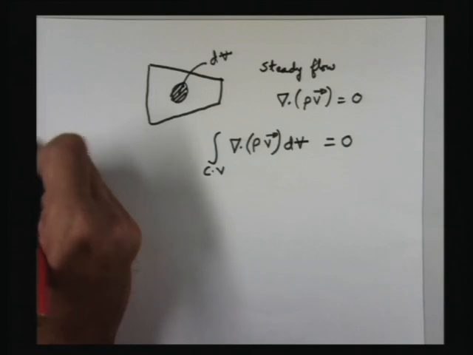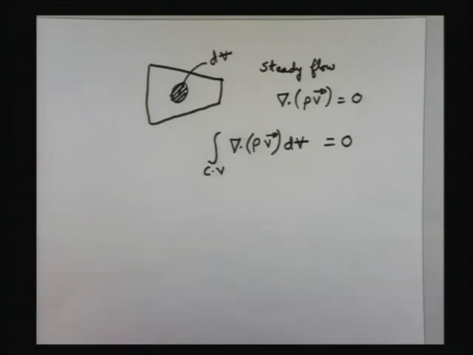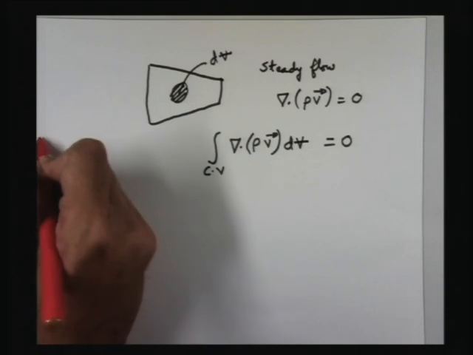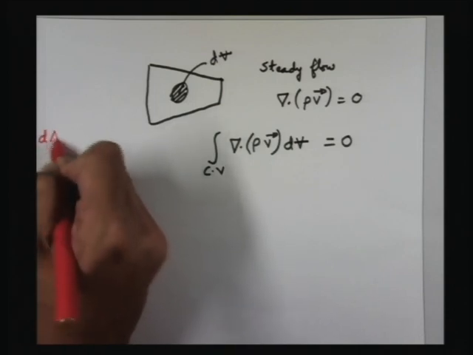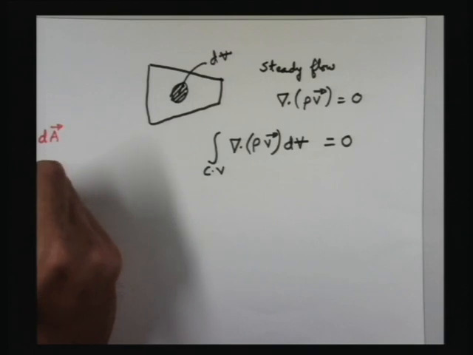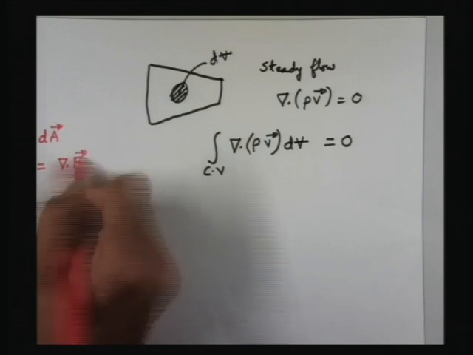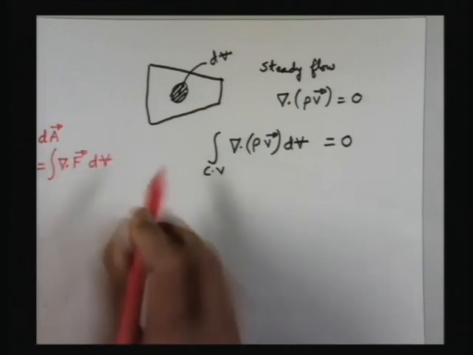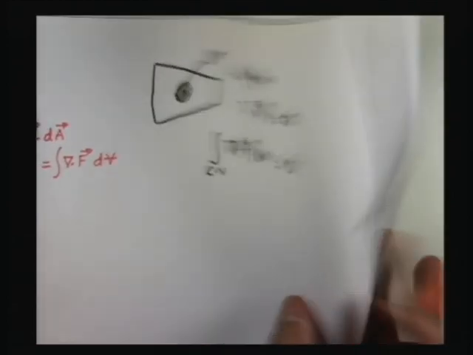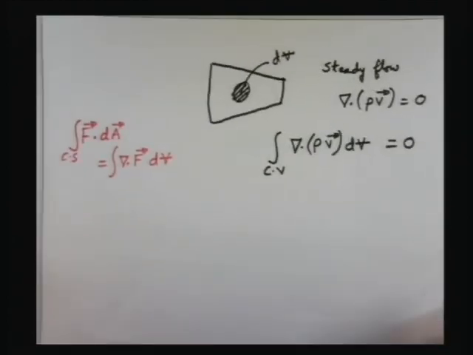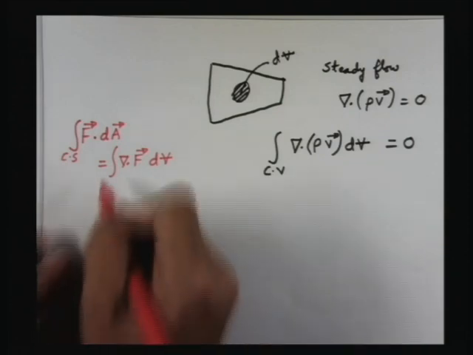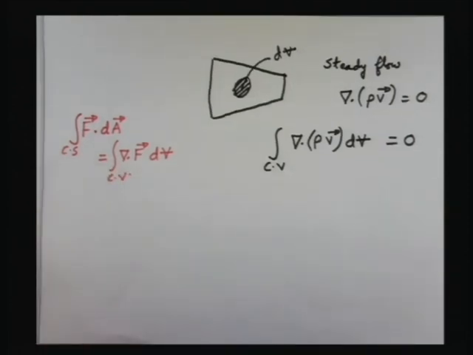The divergence theorem says that if you have a vector function f and this dA is the area vector.